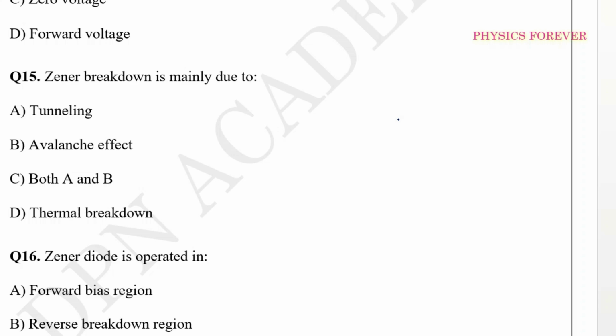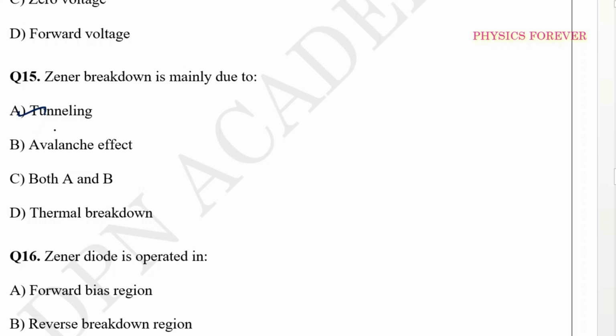Okay, then question 15, Zener breakdown is mainly due to, most important in the Zener diode. Zener breakdown is mainly due to tunneling. The Zener breakdown is mainly due to tunneling. Okay, why?